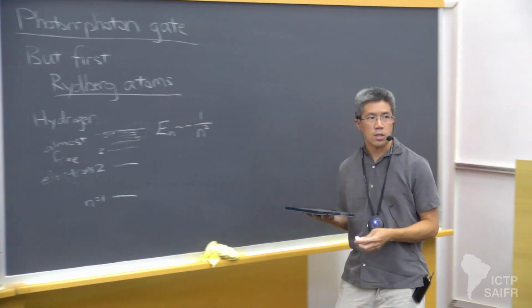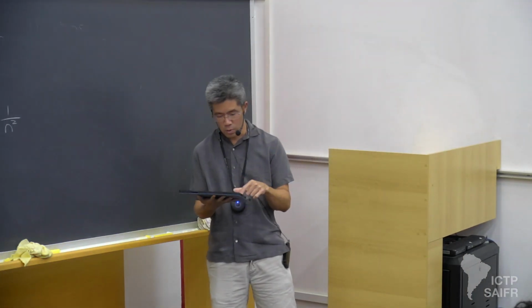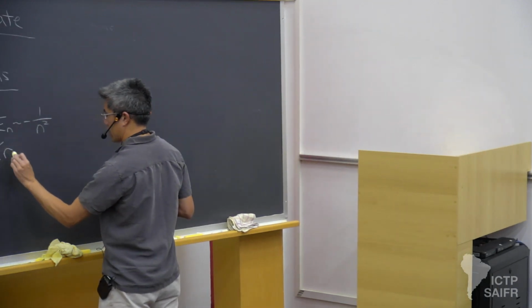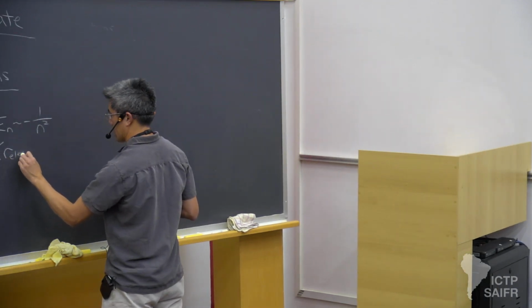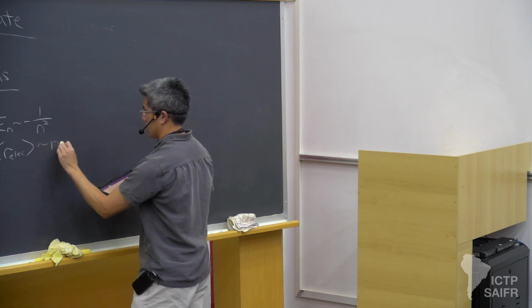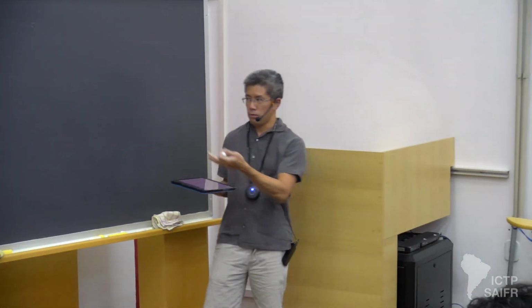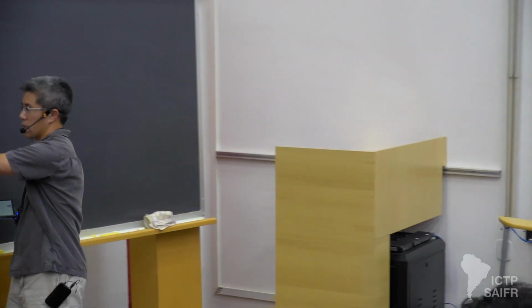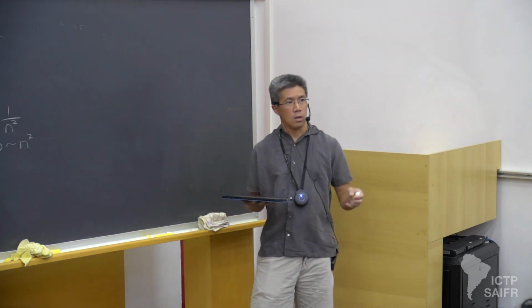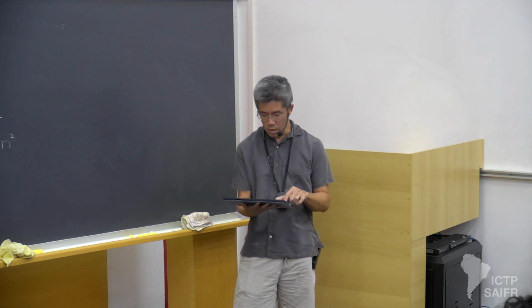And if you go back to the quantum mechanical wave functions, for large n, you go back to hydrogen. What you find is that if you look at the average distance of the electron from the nucleus, this actually scales like n squared. So that quantifies my statement that these high-lying Rydberg states are almost free. The electron starts to spend a lot of time very far from the nucleus.